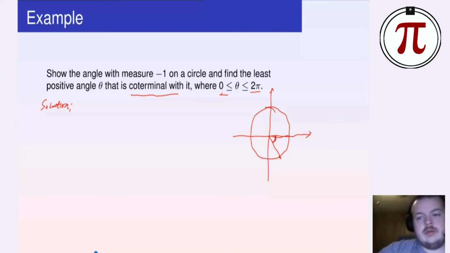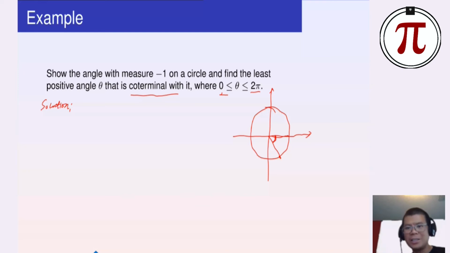Counterclockwise, right? Because we need a positive one. You need to add something, because this is -1 and you want to find positive values, so you need to go counterclockwise, right?